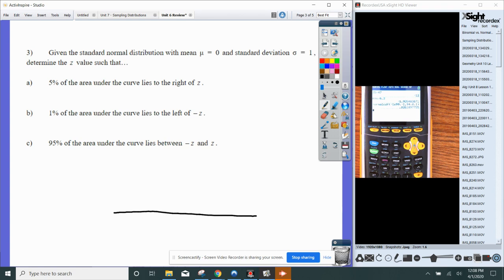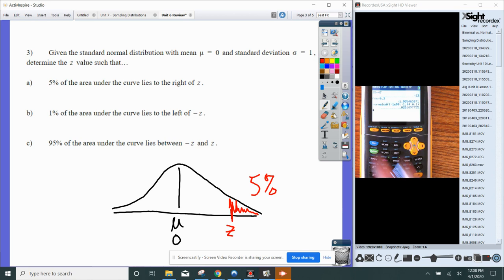The standard normal, where the middle here is the mu, which is 0. What we're given is 5% to the right of z. There's a z value here. We don't know where it is, but to the right of it would be 5%.